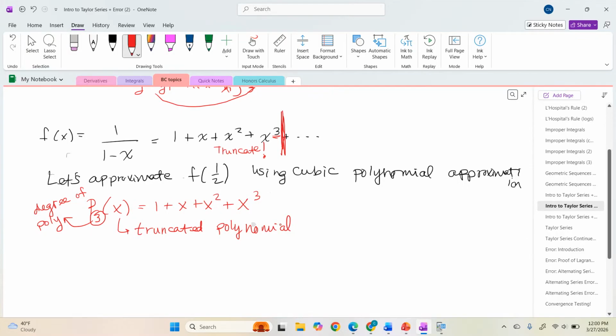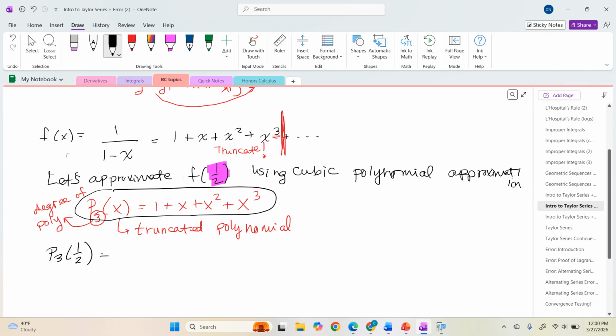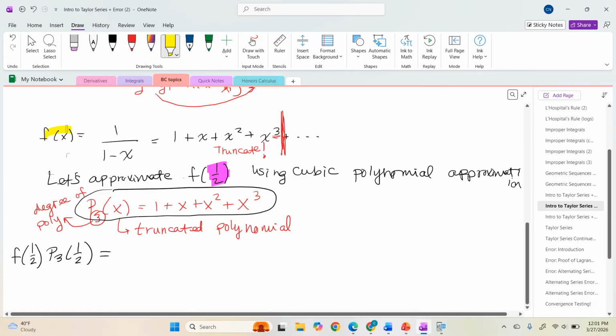So that is my truncated polynomial, and what we want to do is approximate a specific value. What's the specific value? We want to approximate at 1/2. So what we're going to use is this to approximate at 1/2. So P sub 3 of 1/2 is equal to, now let's use some good notation here, the function value of 1/2. Remember, your function value is f of x.